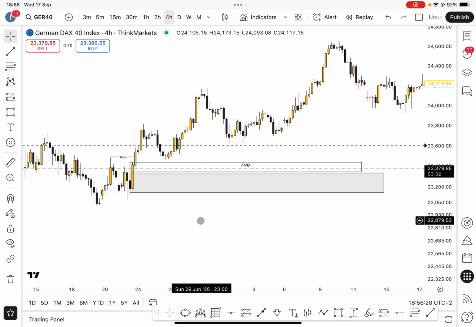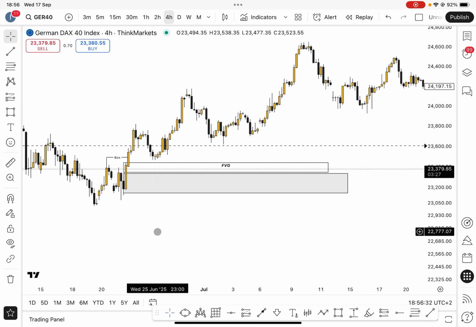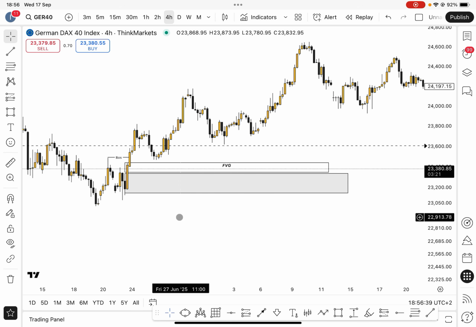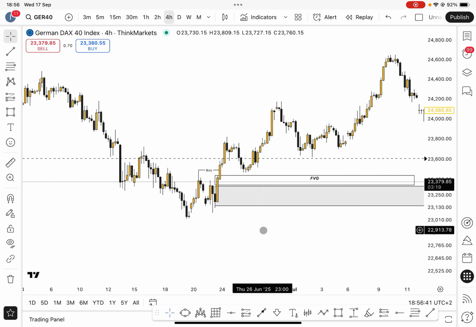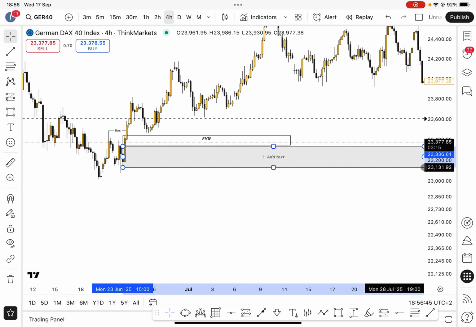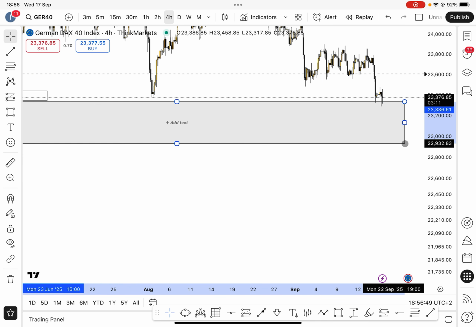And the order block must be fresh. You could see that no candle has tapped on this order block. It is so fresh. FTO, first touch only, and the only first touch we've gotten from this is here. Boom.